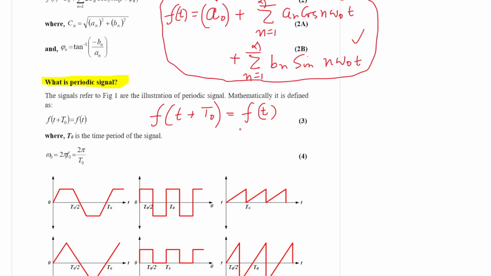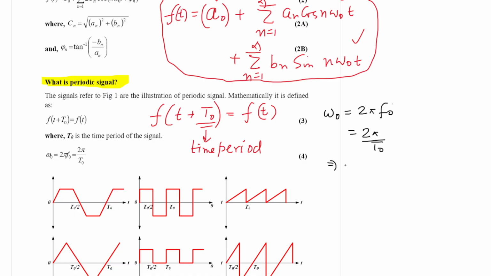So it is repeating itself after this time t naught, and this t naught is called the time period. This is a fundamental relation which will be required quite a bit later in this chapter. You know omega naught is equal to 2 pi f naught, so f naught is 2 pi by t naught.